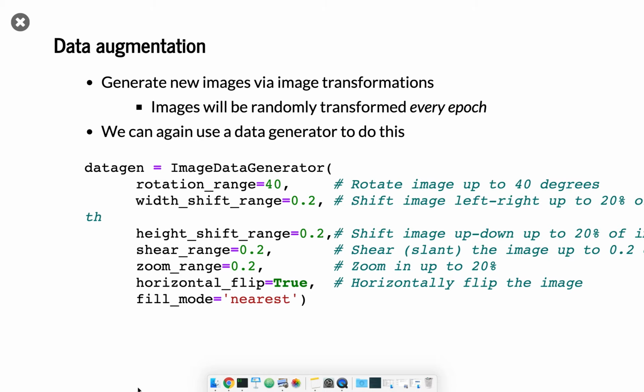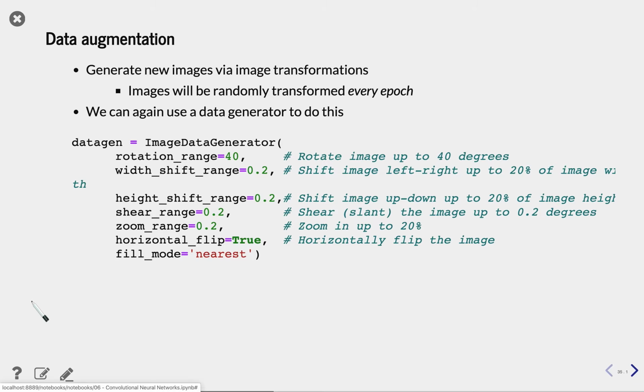It can shear the images, which means that you basically take an image and you push one side of it, like slant the image. So that also gives you a new image, up to 0.2. You can also zoom in up to 20%. You can do horizontal flips.